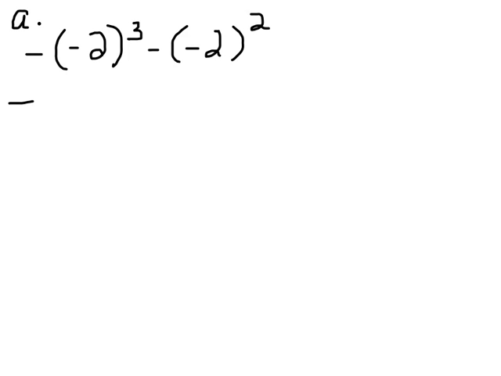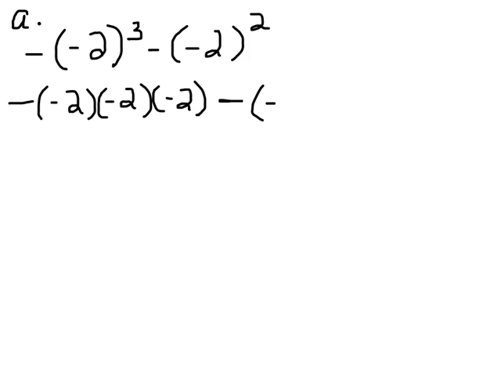A says to simplify this. I'm going to bring that minus sign down, and this means this is protected, so I'm going to cube negative 2. I'm going to bring this minus sign down, and then this is also protected, and it's going to be squared. Bring this down again.